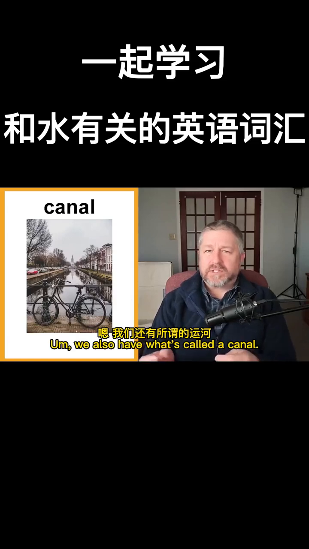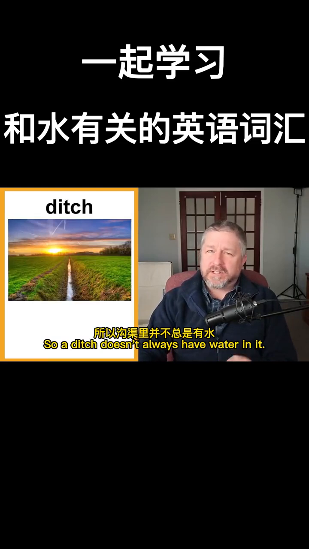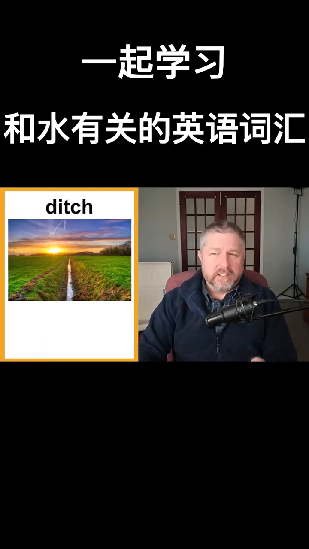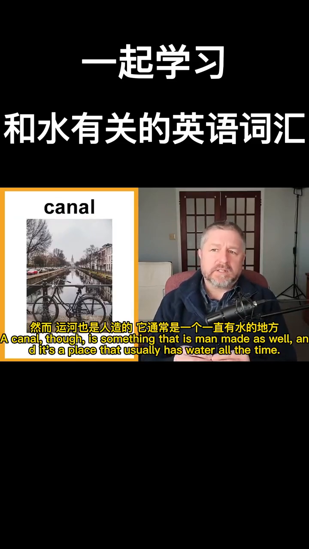We also have what's called a canal. So a ditch doesn't always have water in it. It usually has water in it after it rains, and then the ditch, you can see water flowing down the ditch. A canal, though, is something that is man-made as well, and it's a place that usually has water all the time.